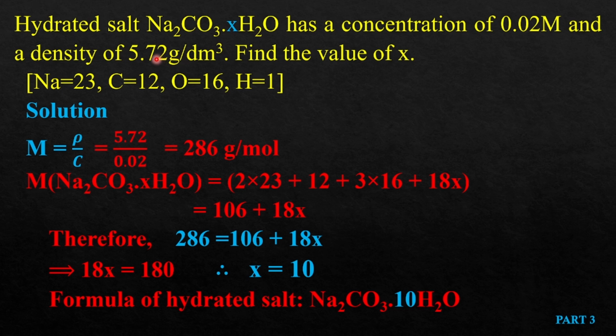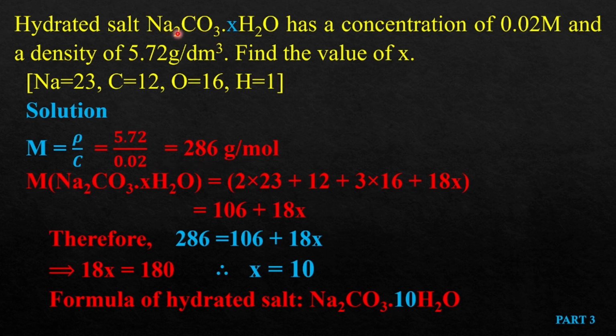So we know P. From here too, we have our concentration, which is C. So we can say molar mass M is equal to P over C. That is using the formula P is equal to C times M. So when you make molar mass the subject, that is what you get. So we insert the figures and we are getting the molar mass to be equal to 286 grams per mole.